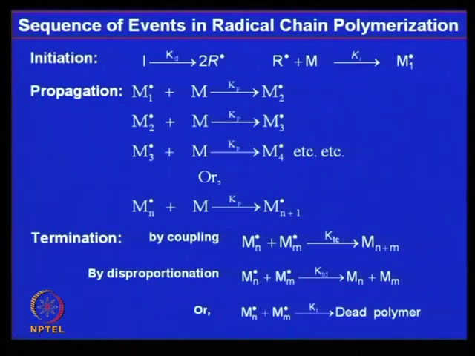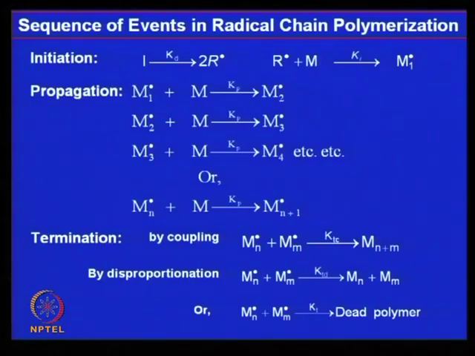This step is a rate determining step. Please wait for some time, keep your patience. Okay. First you see, this is the initiation step, this is the propagation step, propagation continues. Then these growing chain radicals are live.